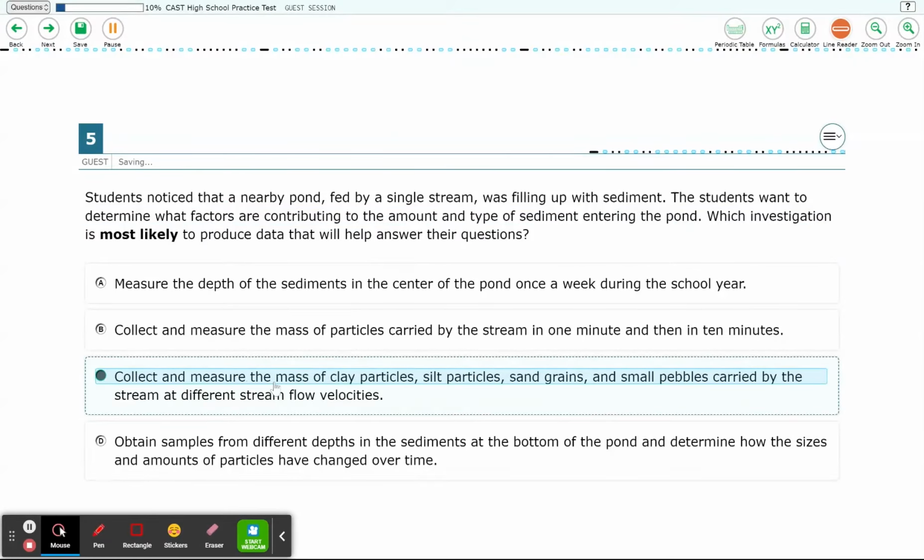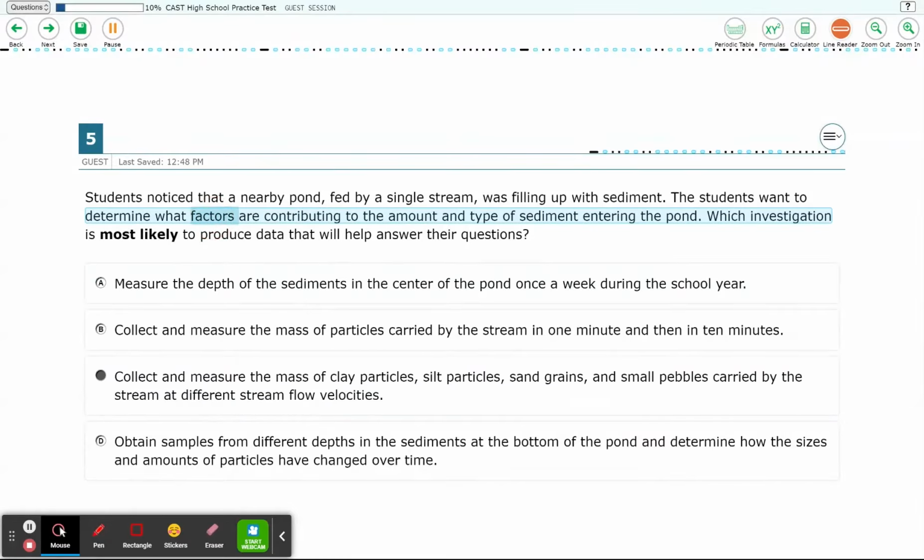Then we see collect and measure the mass of clay, silt, sand grains, and small pebbles. So now we've got our type of sediment carried by the stream at different stream flow velocities. That's a different factor. How fast the stream is flowing is a factor there. And so this does seem to be correct.